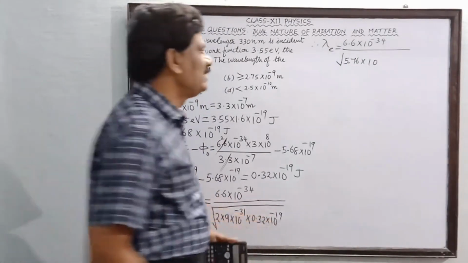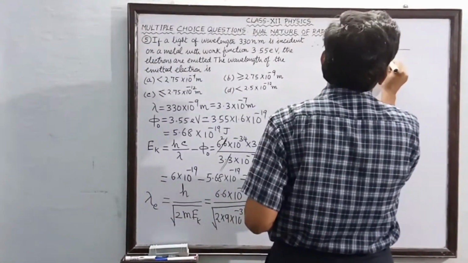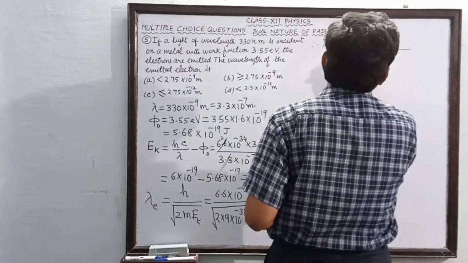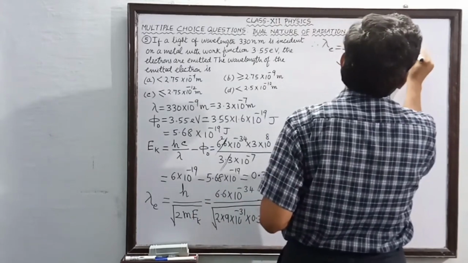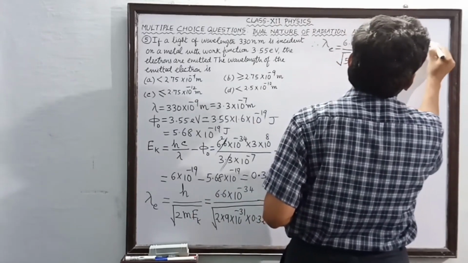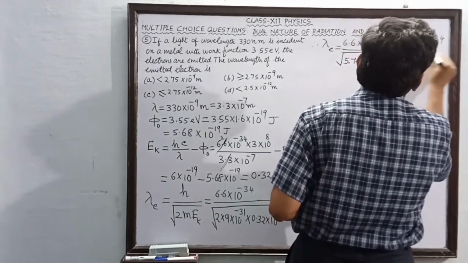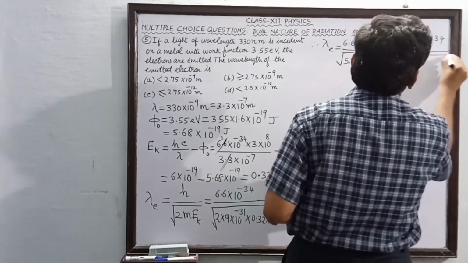Minus 50, easy to calculate. So this is equal to 6.6 into 10 to the power of minus 34 divided by square root of.